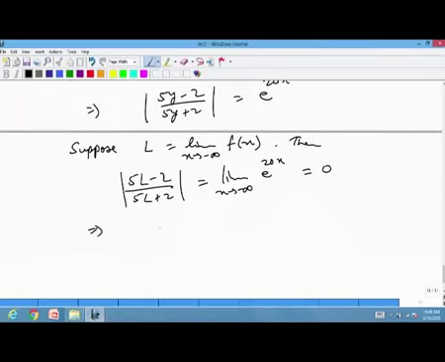So, this implies 5 L minus 2 equal to 0, which implies L is equal to 2 by 5.